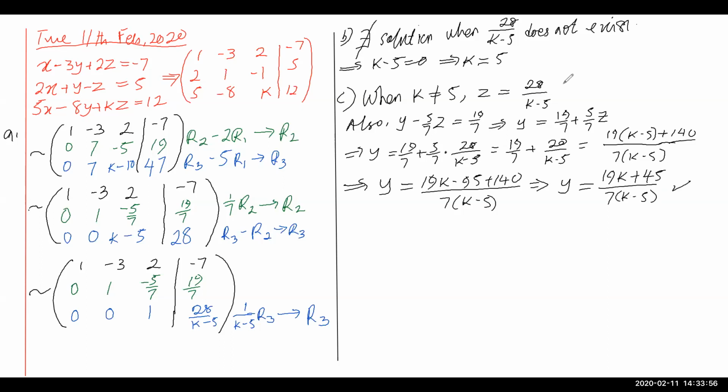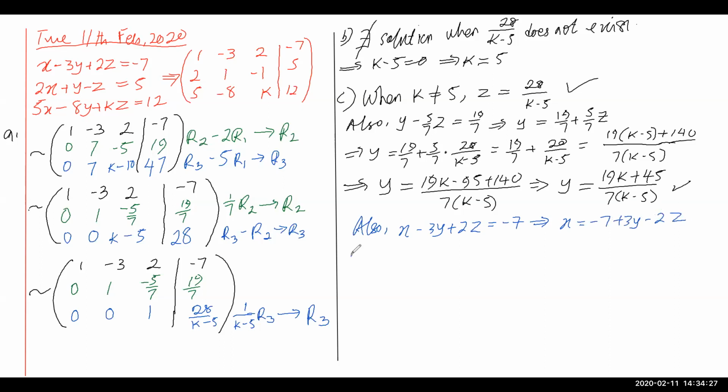So that's y, this is z. So we go to the first row of the last echelon form. Okay, let me use a different color for that. So also, x from row 1, x minus 3y plus 2z equals negative 7. And this implies x equals negative 7 plus 3y minus 2z.